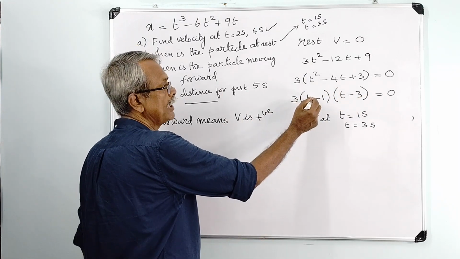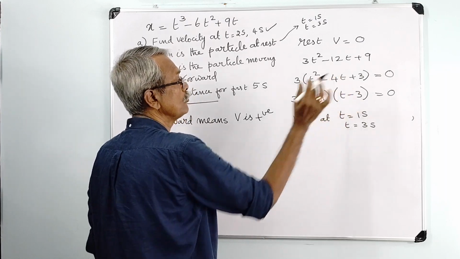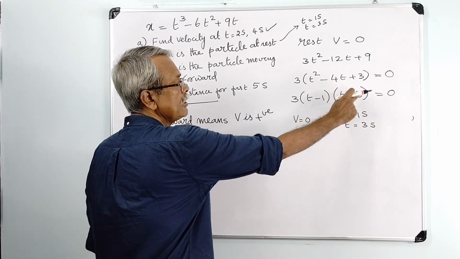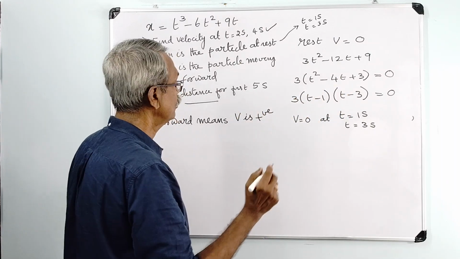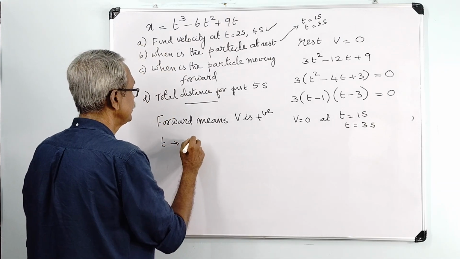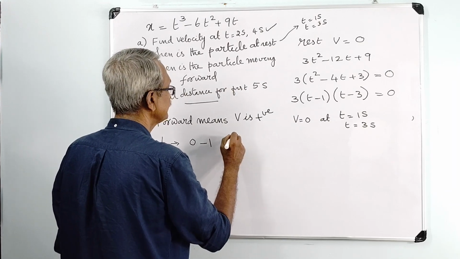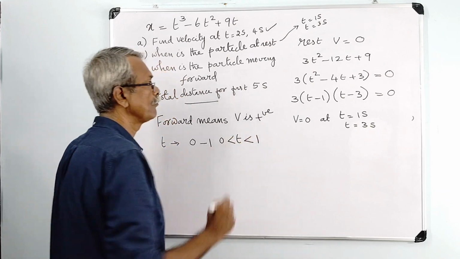When t minus 1 is positive and t minus 3 is positive, this will be positive. When t minus 1 is negative and t minus 3 is negative, this is positive. Therefore, first of all, we will take time t as 0 to 1. That is, t is greater than 0, less than 1.